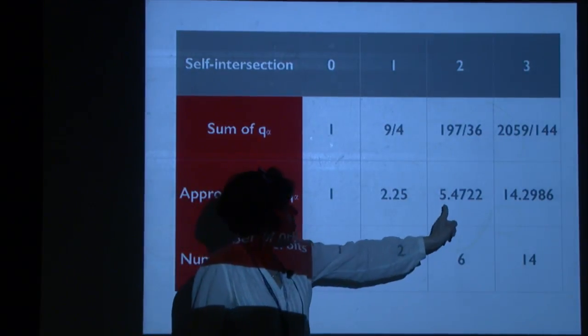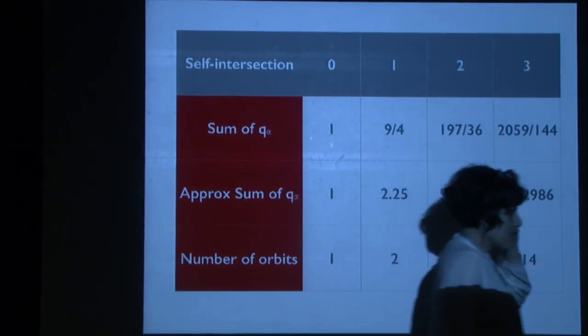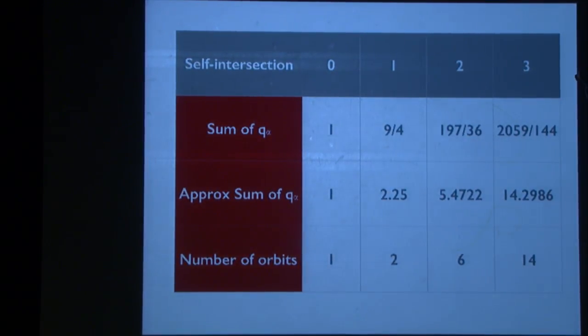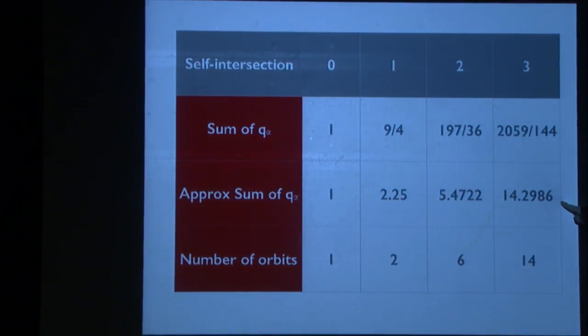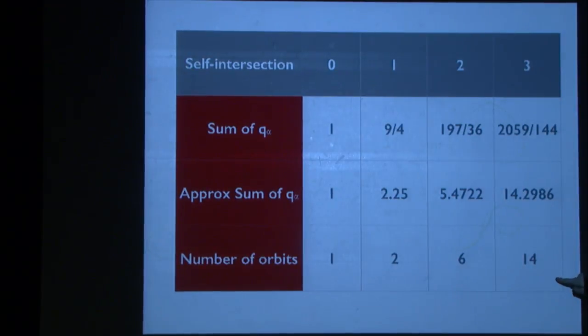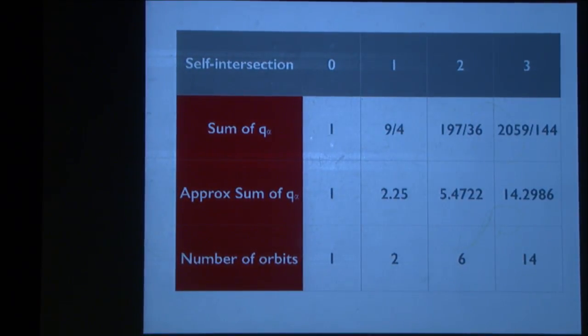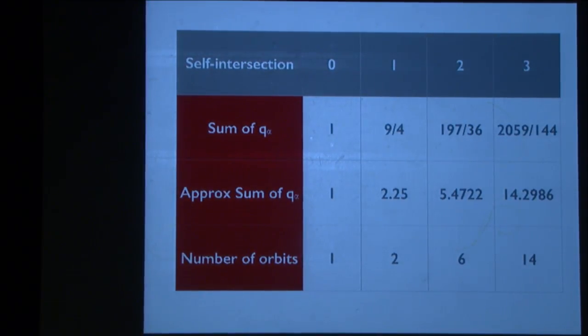Well, the approximation of the sum is 5.4. There are 6 orbits, and there are 13 orbits for self-intersection 3 that you have to take on trust. This is the sum of the rationals of each of the orbits. And there are 14 orbits. The rationals vary wildly. So this is another theorem that's waiting for young brains to prove it.